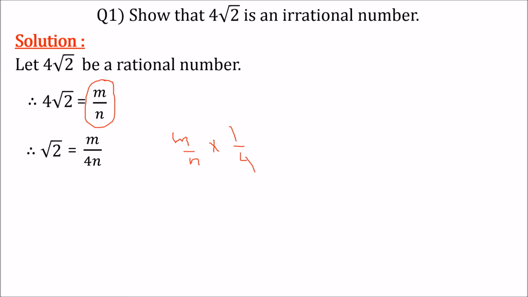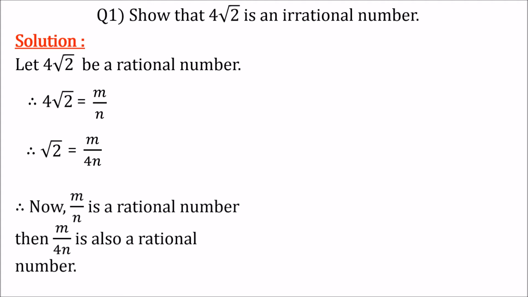When I multiply a rational number with a rational number, we will get here m upon 4n, which is also a rational number. So m upon 4n is a rational number, and you are saying that m upon 4n is a rational number and it is equal to root 2.